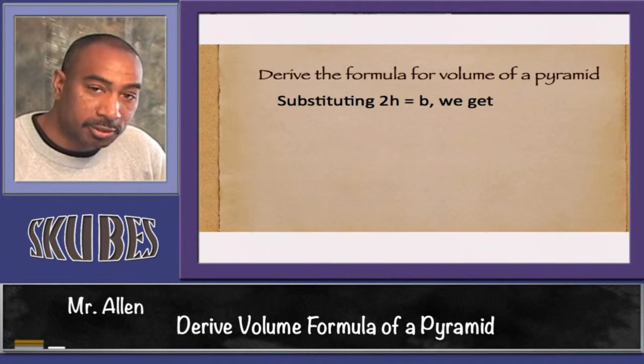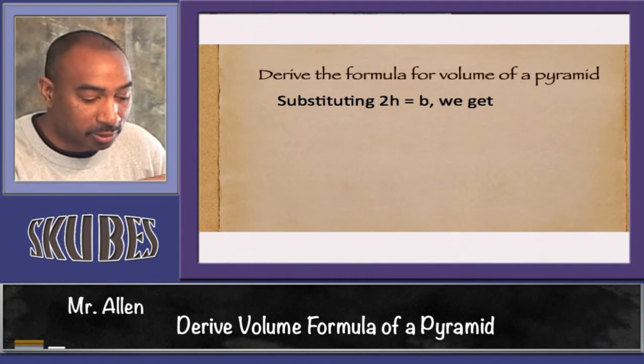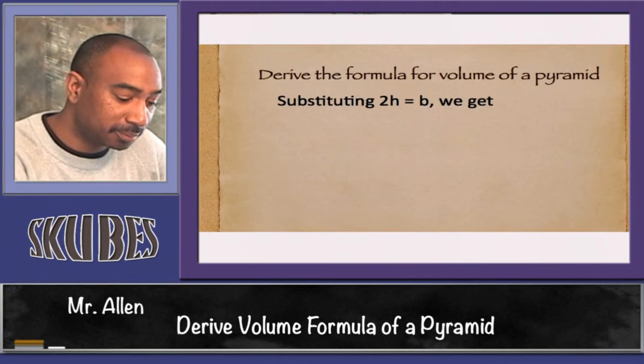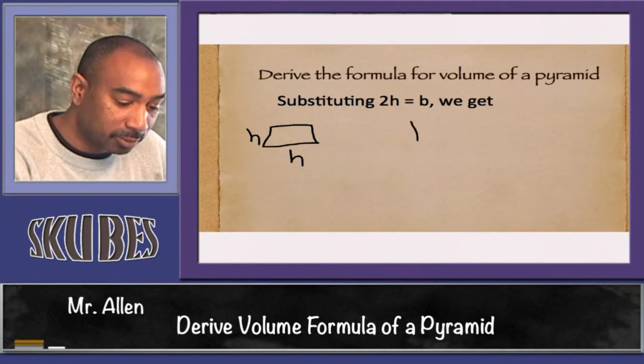All right, substituting 2 times H, 2 times the height, for B, because in the square the sides are the same, so the height would be the same. So substituting 2H equals B, we get this. We originally had B cubed over 6.